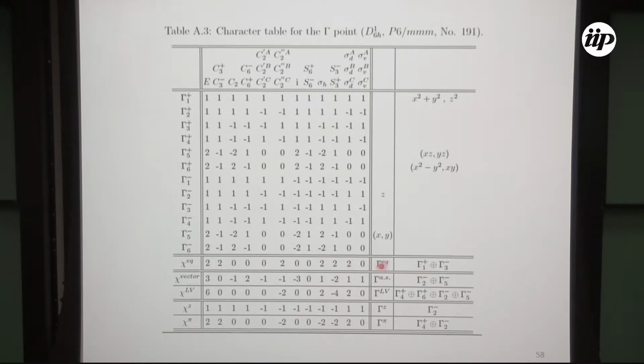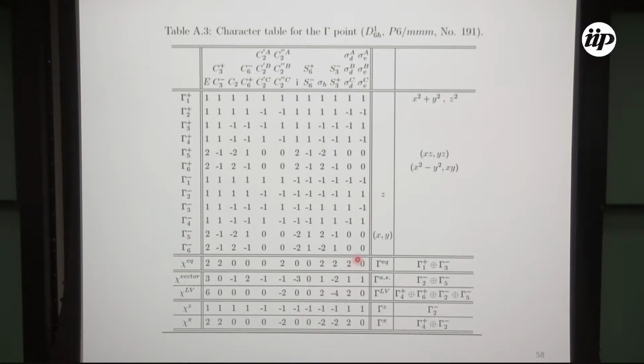For example, for the equivalent representation, it is gamma 1 plus gamma 3 minus. So this one plus this one gives me this guy here.